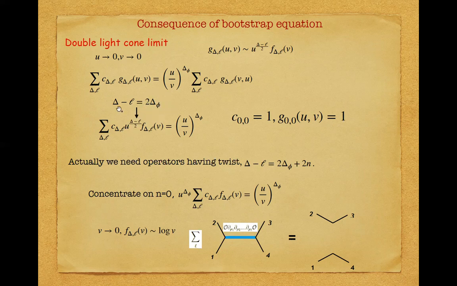Twist is basically the difference between the conformal dimension and the spin, and that has to be 2 delta phi. Otherwise, these powers won't match, right? So you immediately get a consequence of the bootstrap equation that I must have an operator with twist 2 delta phi in the spectrum whenever we have an identity in a unitary CFT.